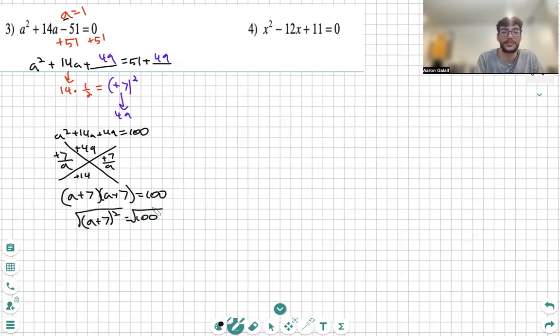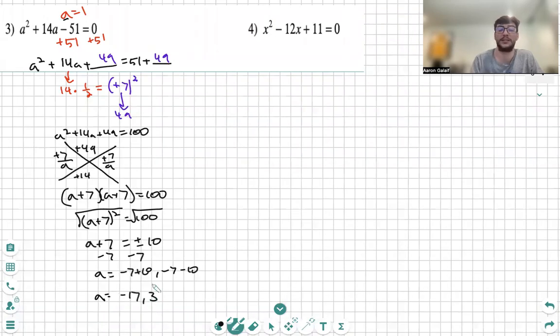We square root both sides. A plus 7 equals plus minus 10. We will subtract 7 from both sides. Negative 7 plus 10, negative 7 minus 10. Clean them both up to be negative 17 and positive 3. So those are the answers for A.